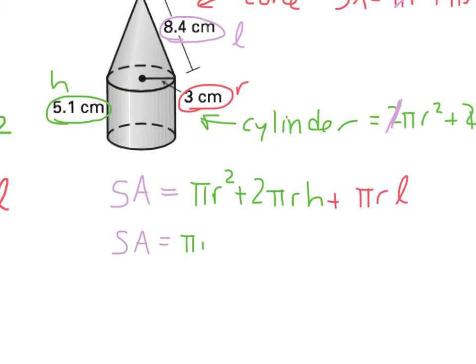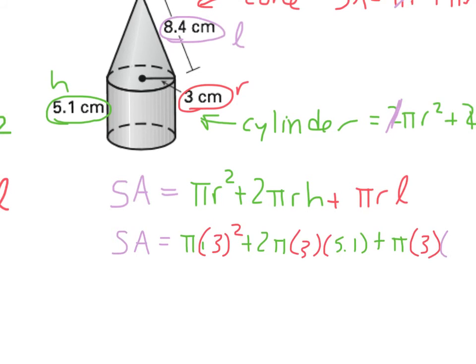Pi times 3 squared plus 2 pi 3 times 5.1 plus pi times 3 again times L, 8.4.